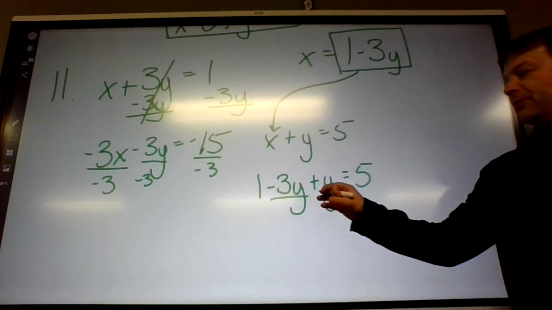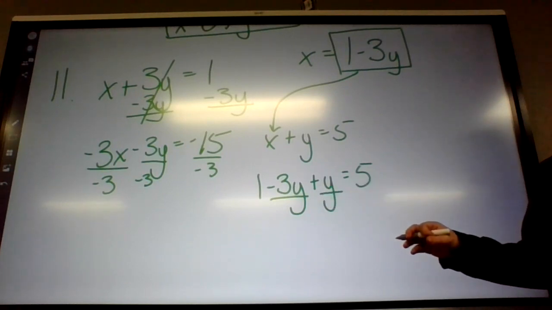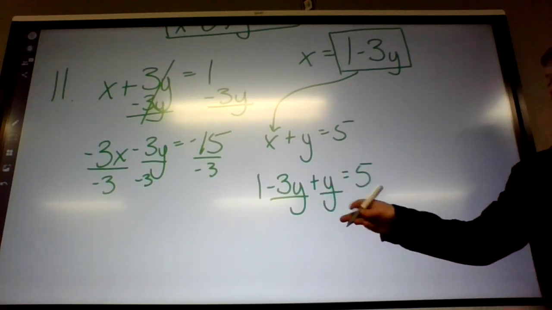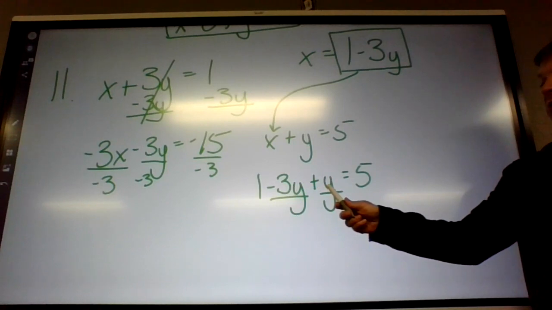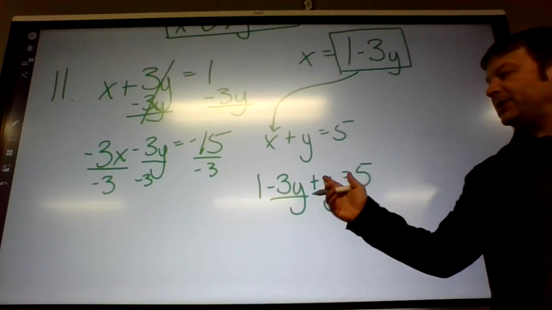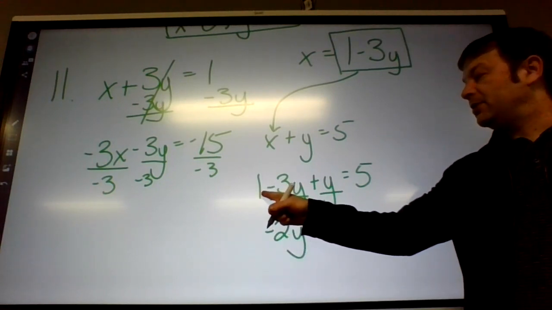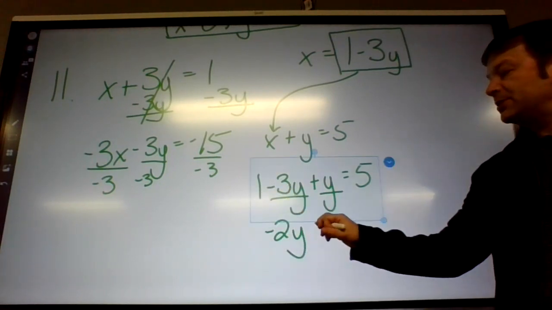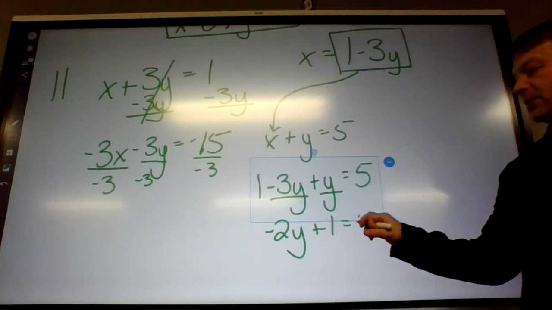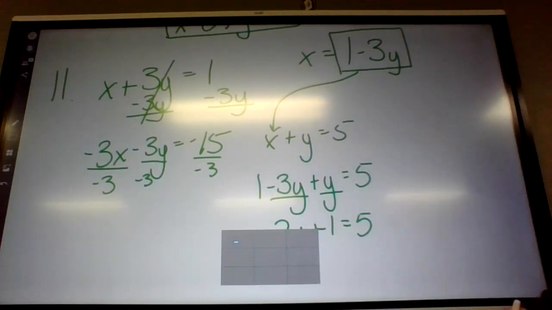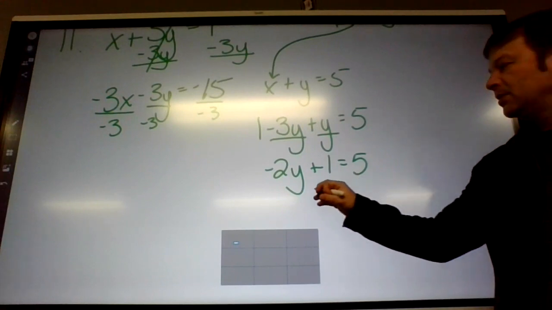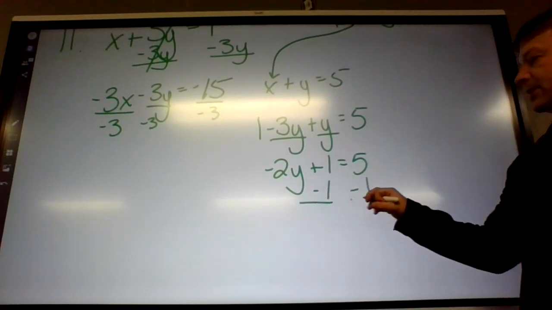Right, negative 3y plus y, that can go together. So that's like negative 3 plus 1, so it's negative 2y. You can put that in front or in the back, it doesn't really matter. That's a positive 1, so that's like a plus 1. And you subtract 1 from. Yeah, that's kind of normal after that.